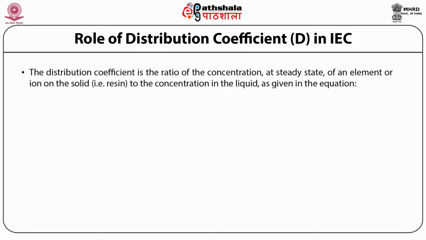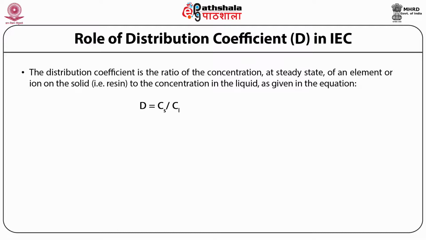The distribution coefficient is the ratio of the concentration at steady state of an element or ion on the solid, that is, here in this case the resin or the matrix, to the concentration in the liquid, as given in the equation, where D is equal to Cs divided by Cl.